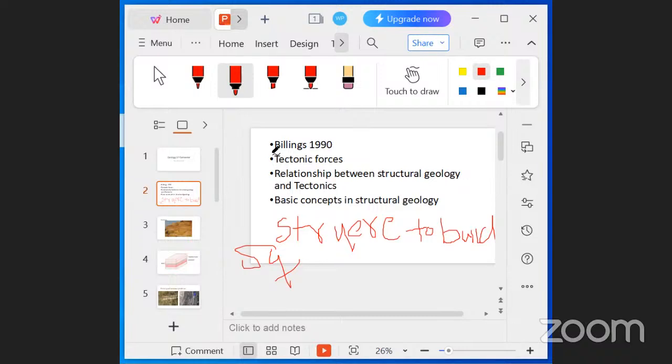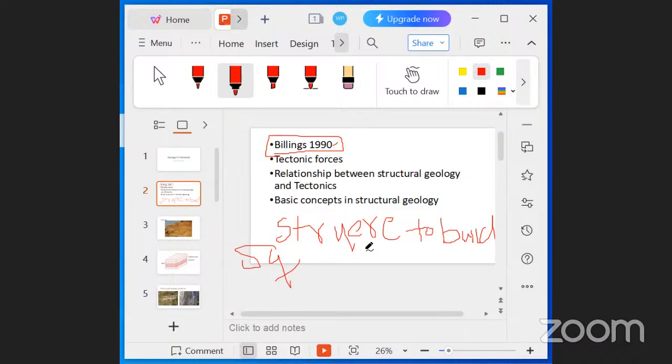Billings, in the 1990s, these scientists discovered structural geology in the 1990s. Structural geology deals with the geometry, distribution, and formation of structures.